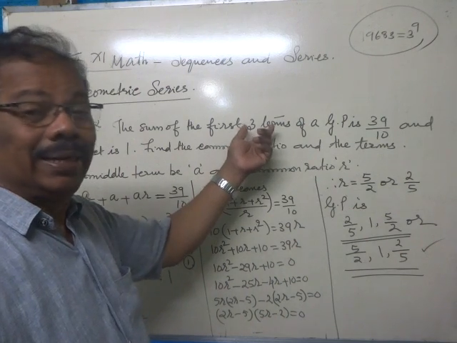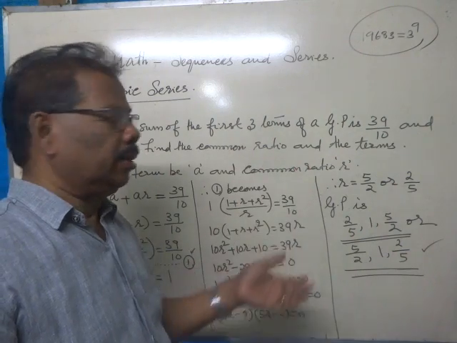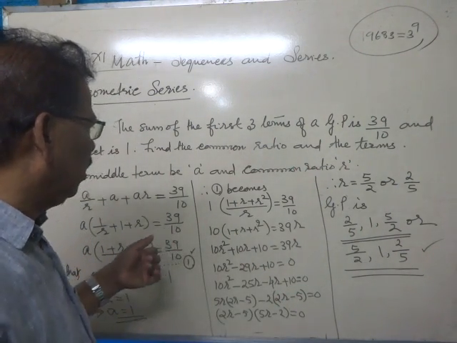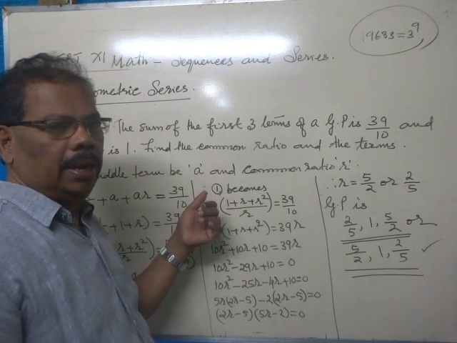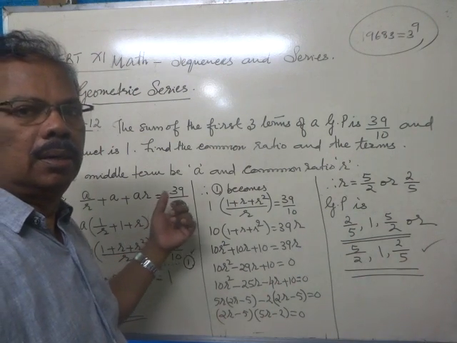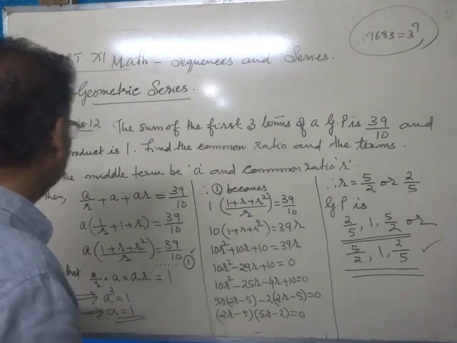We have three terms. Let these successive terms be chosen as the middle term A, first term A by R, and third term AR.